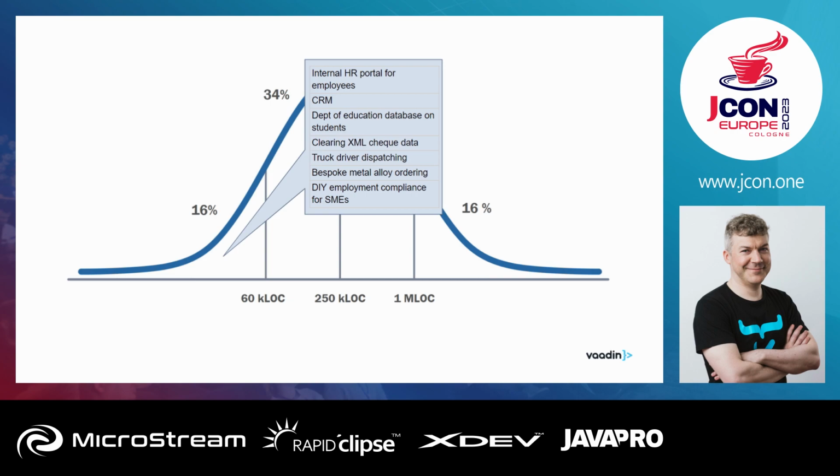Obviously, security is a big concern. Truck driver dispatching, that's another one. And here, that would be availability. So high availability as a non-functional requirement would be key there.